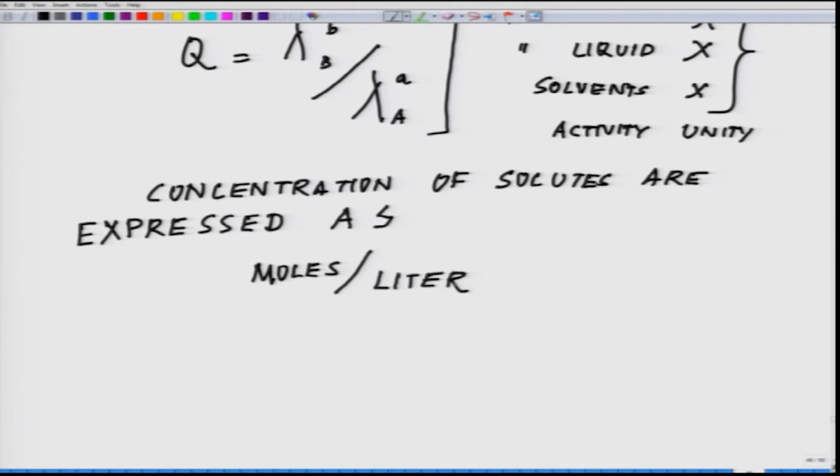This is one part, okay, and concentration of gases are expressed as pressure in bars. Concentration of gases are expressed as pressure in bars.